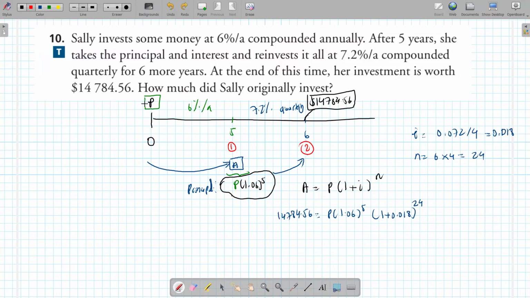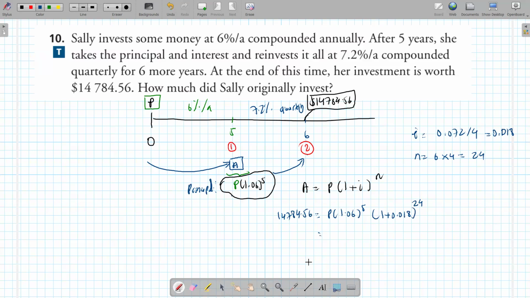How do we solve this for P? You divide by 1 plus 0.018 to the power of 24. Yeah, so you divide by both of those.